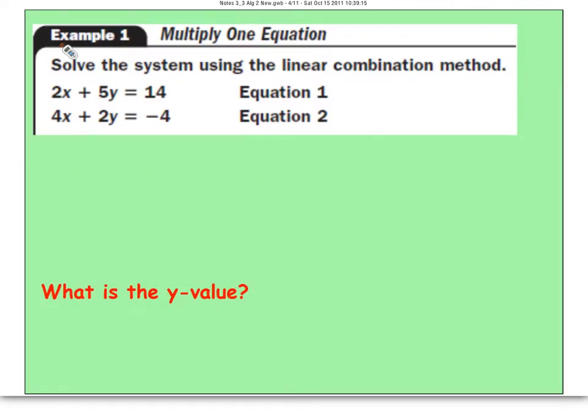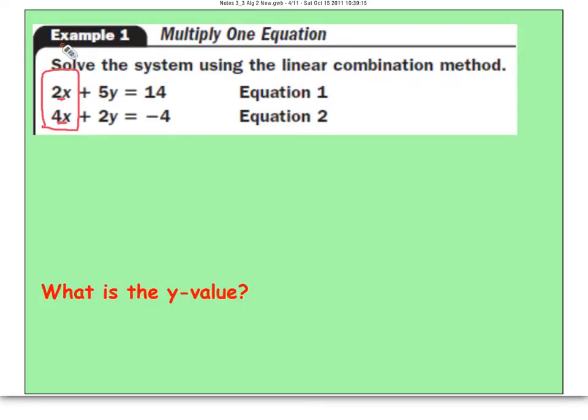So let's look at this example. They want us to either get rid of the x's or the y's. Now I could do two different methods for this one. I could either choose to get the x's to be the same number but opposite signs. If I do that, I would need to make them both a 4. Well, this guy's already a 4, so to make this a 4, I would need a 2.